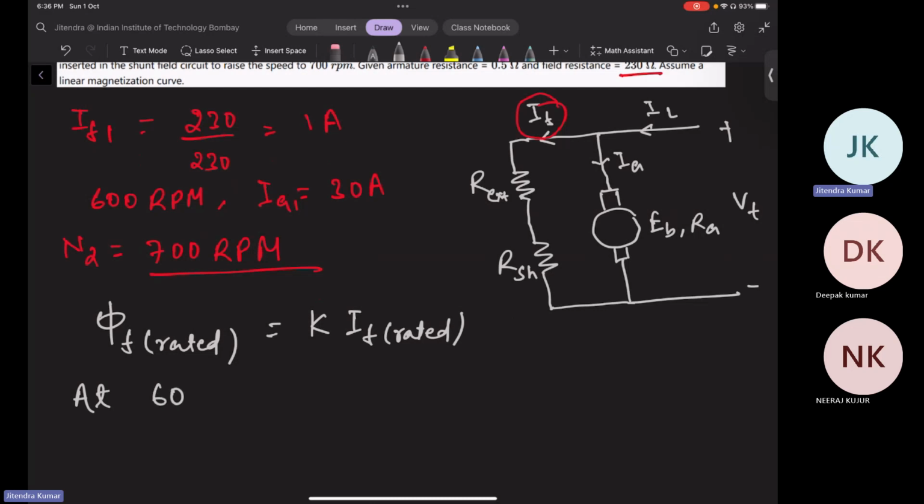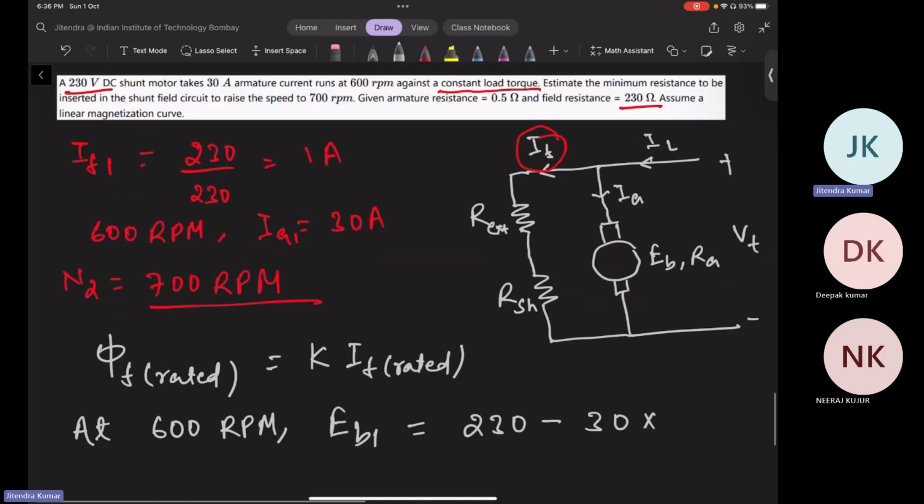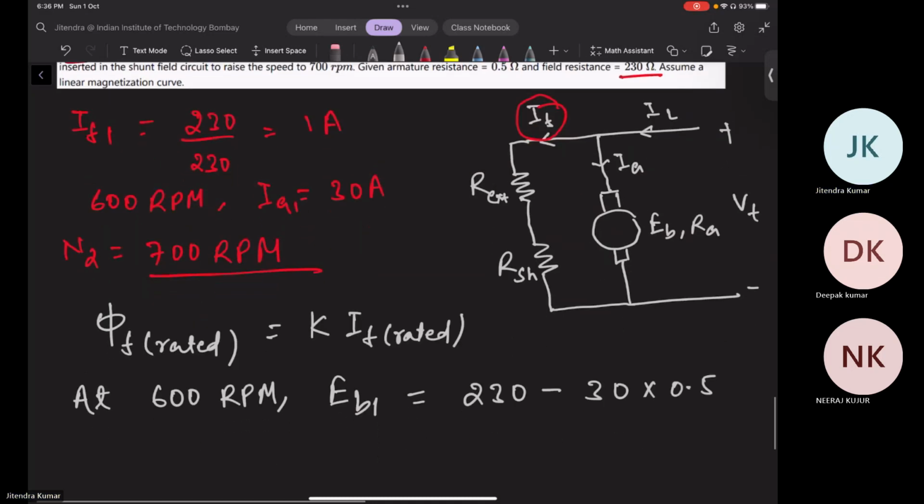At 600 rpm, the back EMF was 230 minus 30 into RA, which is 0.5. So 30 into 0.5 is 15, giving 215 volt.